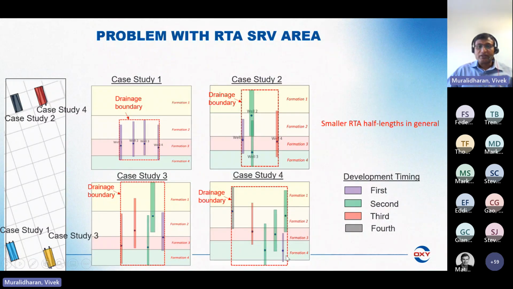But in all the other case studies, there's a blue well, which was done with Gen 1. The second set of wells are the green ones, which came up at the same time. The third set is the red one, which came a little later, and the last one is the black one. There's only one. We have 4 sequences in case study 4, but the rest have 3 different development timings.